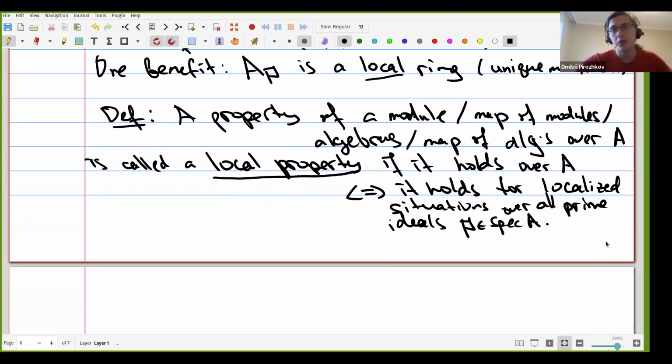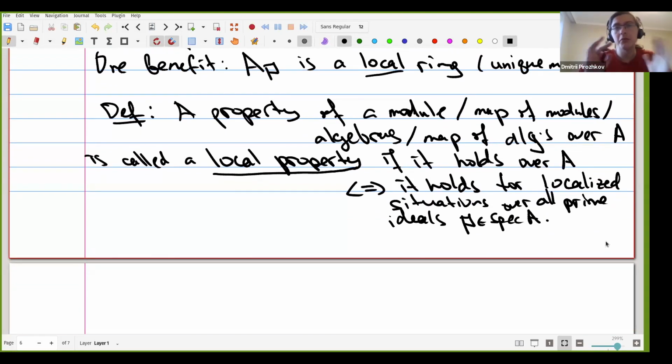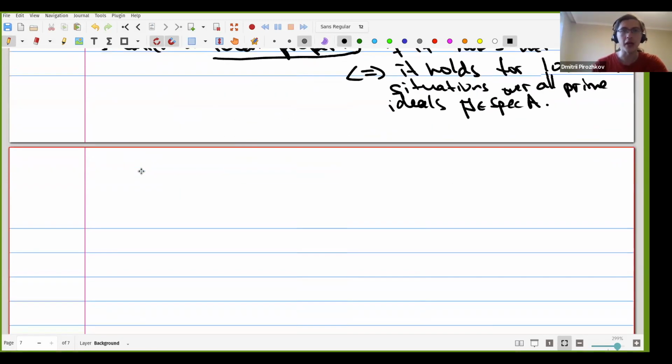So far, that's just a definition. It means that instead of checking over the entire ring, you can check only for those local rings associated to A.